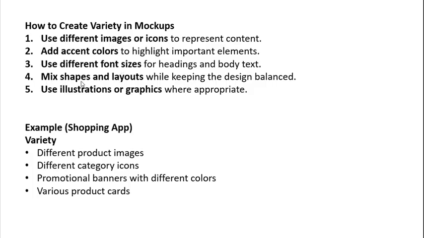Fourth, mix shapes and layouts while keeping the design balanced. Fifth, use illustrations or graphics where appropriate. Examples in a shopping application are different product images, different category icons, promotional banners with different colors, and various product cards.